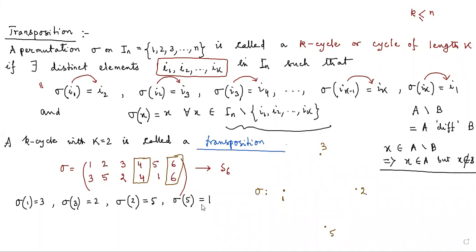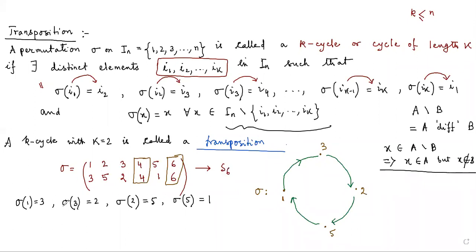We can express this diagrammatically as follows: 1 is going to 3, 3 is going to 2, 2 is going to 5, and 5 is coming back to 1. So we have obtained a kind of cycle with respect to the permutation sigma corresponding to the permutation group S6.